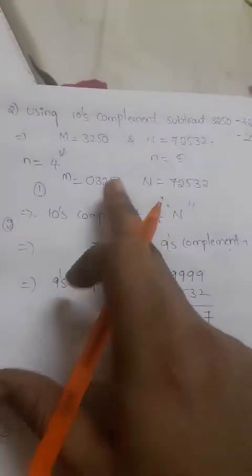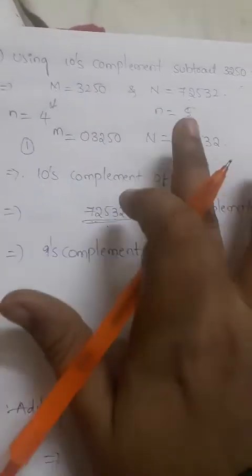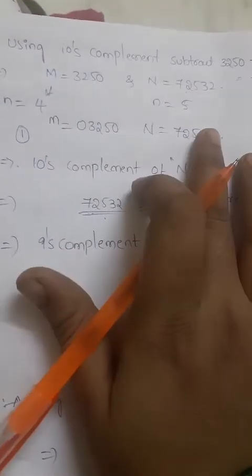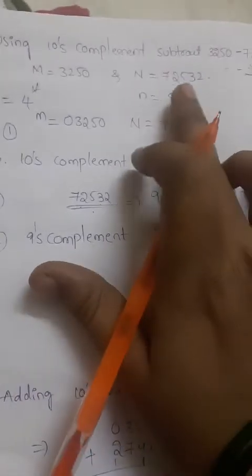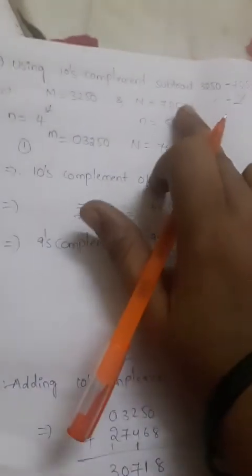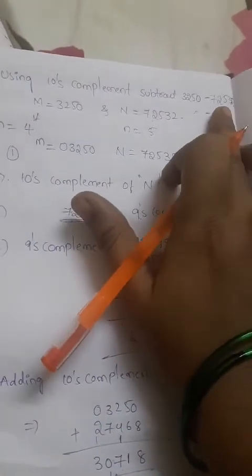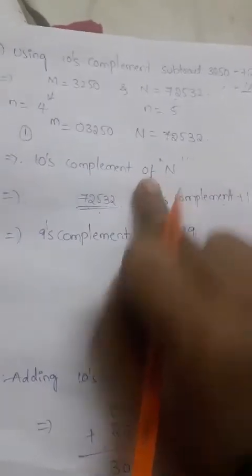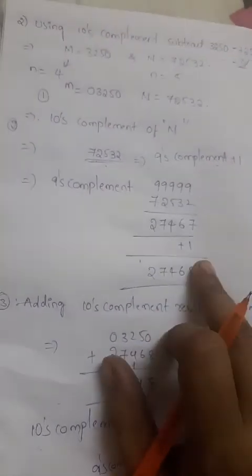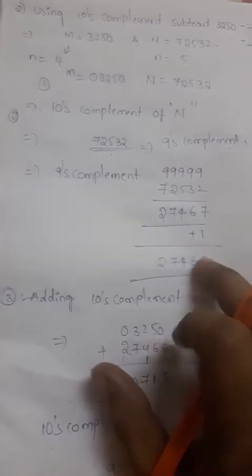First we need to check how many digits M and N have. After that we do the tens complement of the second number, that means the subtrahend; whatever the subtrahend is, that number is converted to the tens complement. After that, the result from the tens complement is added to the minuend.